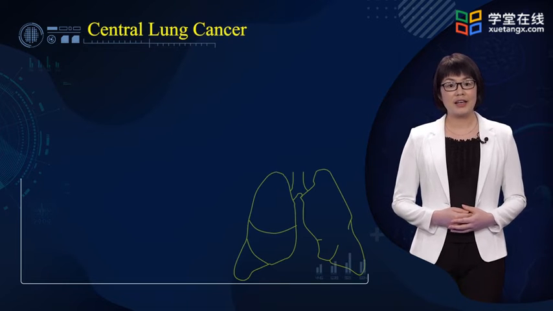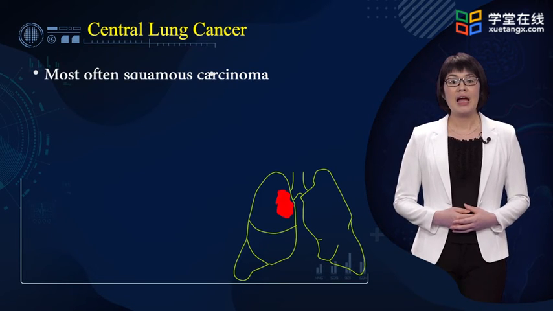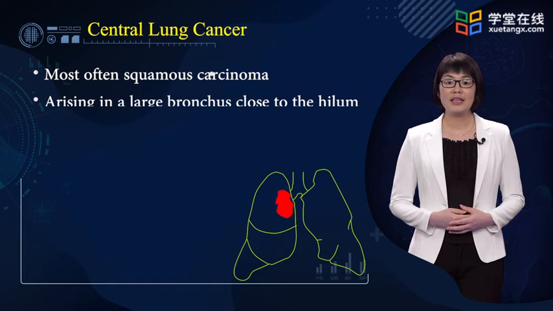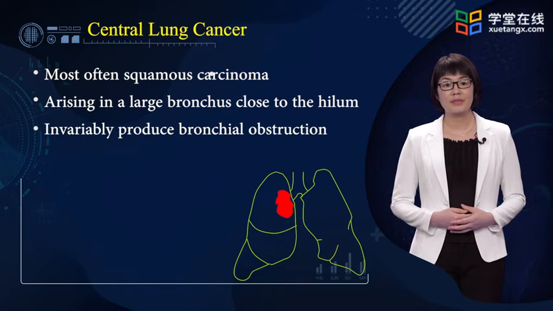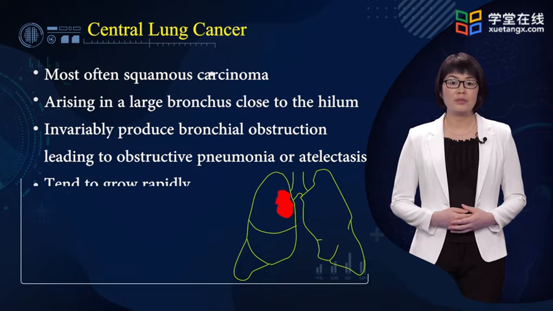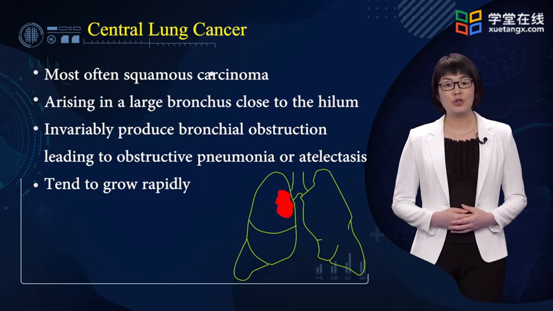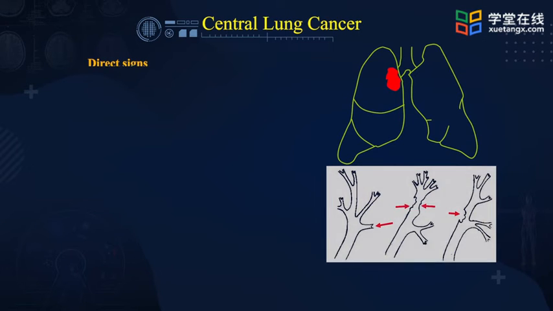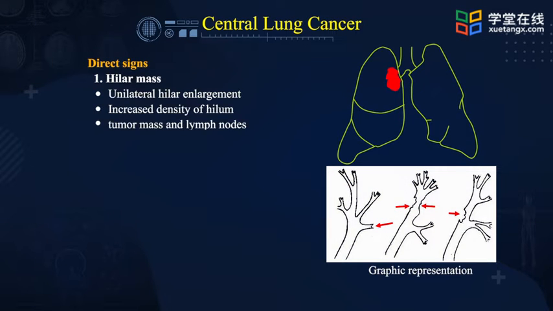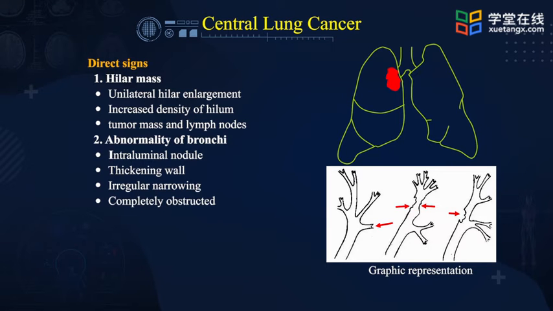Central types of lung cancer are mostly squamous and rapid growing, arising from a main bronchus close to the hilum. Endobronchial lesions produce varying degrees of bronchial obstruction, which can lead to obstructive pneumonia or atelectasis. The direct signs for central lung cancer include hilum mass and abnormality of bronchi.